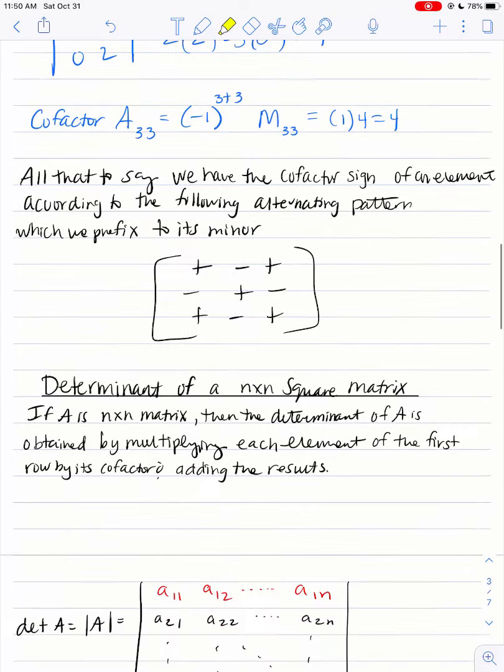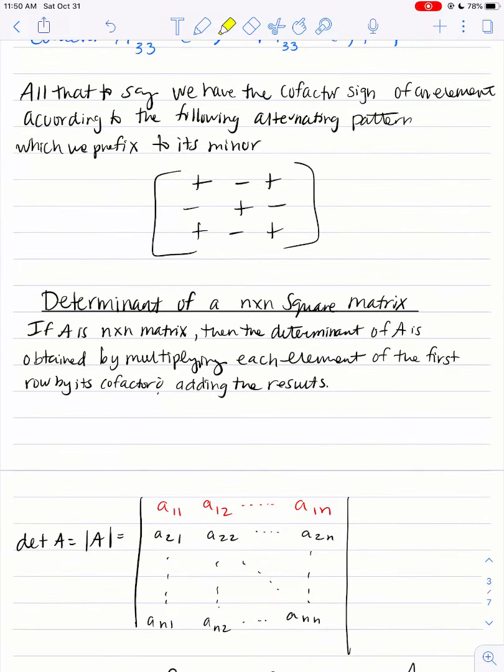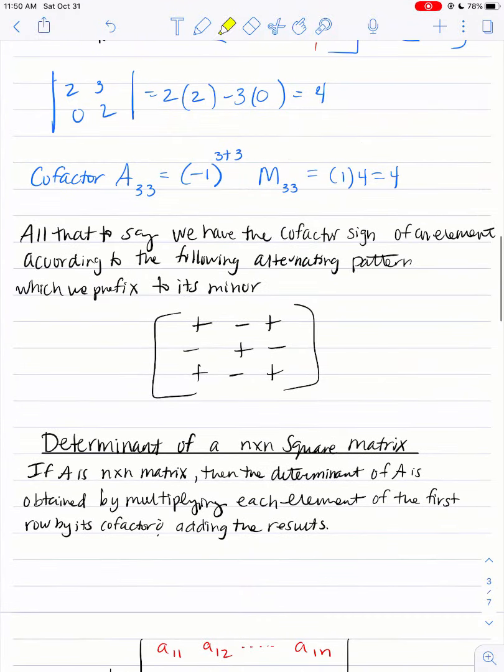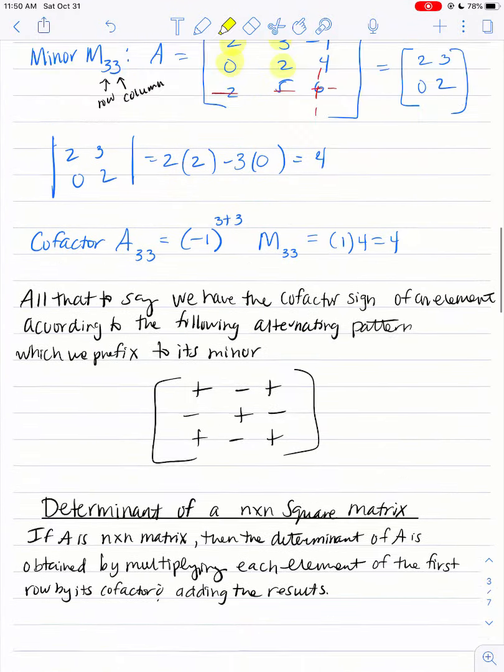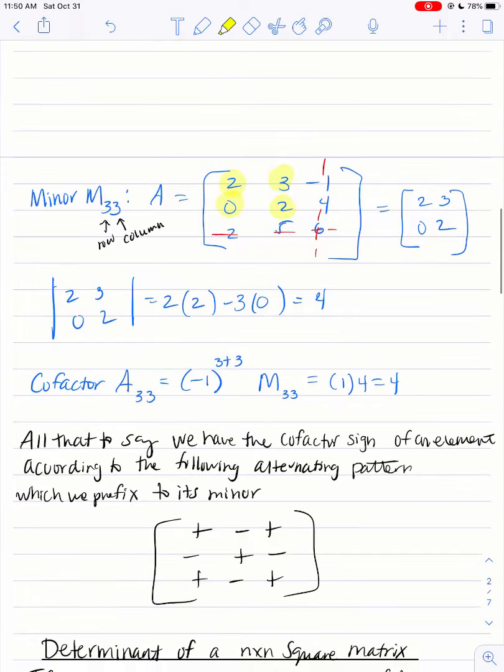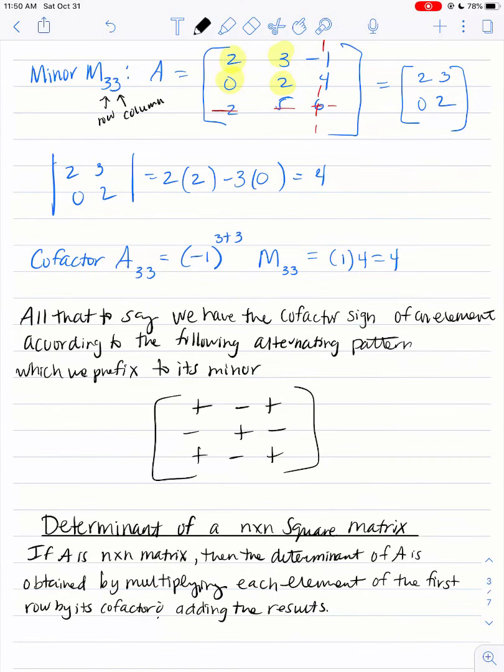Okay. So all that to say is that we have the cofactor sign of the element according to the following alternating pattern. So now we've established that it follows this sort of pattern here, the one found here. So we don't have to calculate this value every time. We just follow this pattern. So we have plus here, minus here, plus, and then it's just going to alternate.